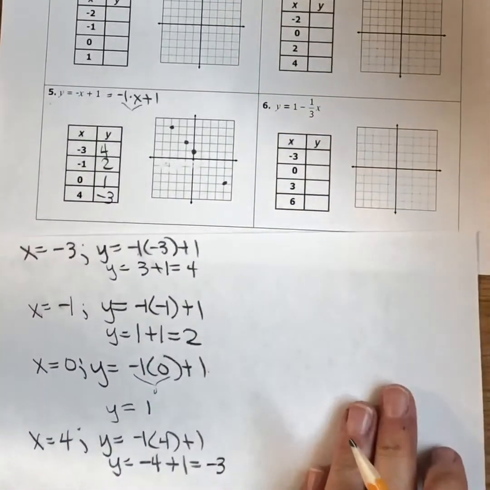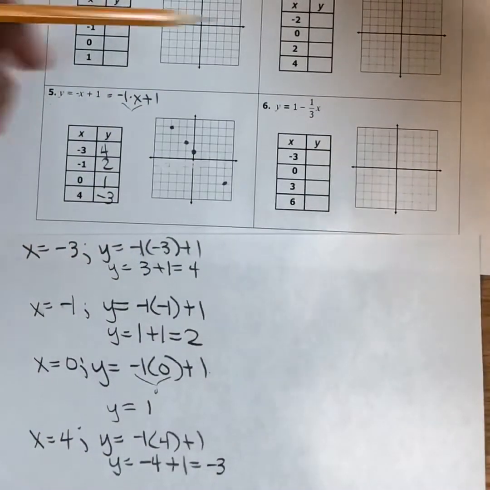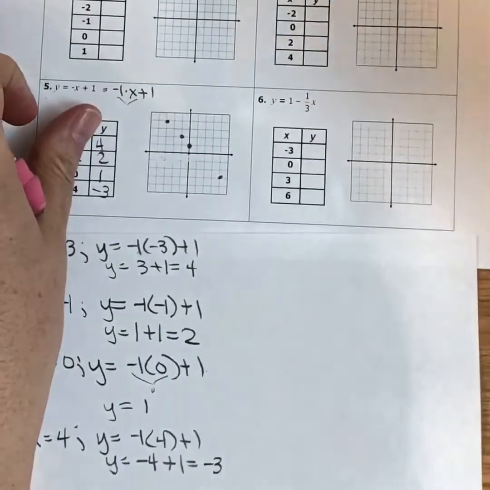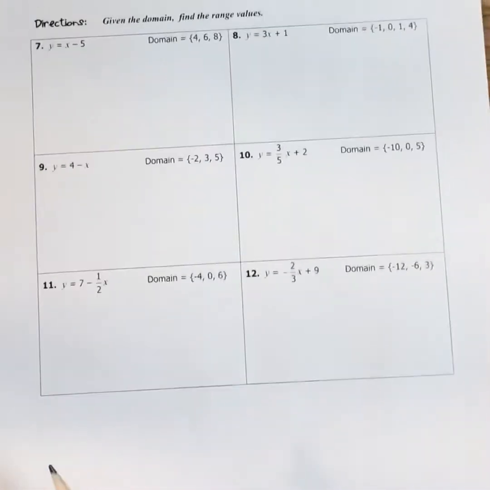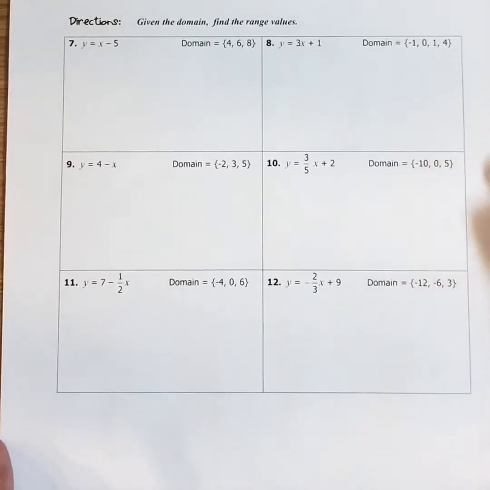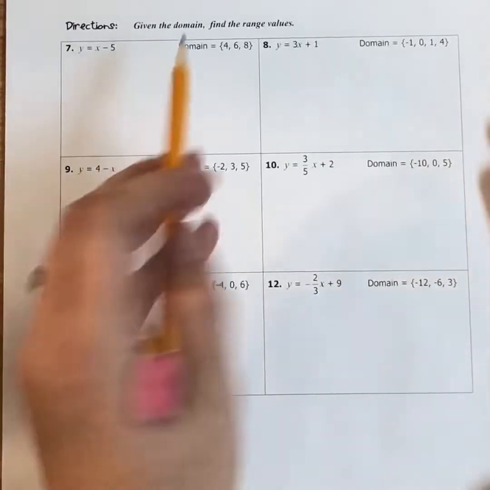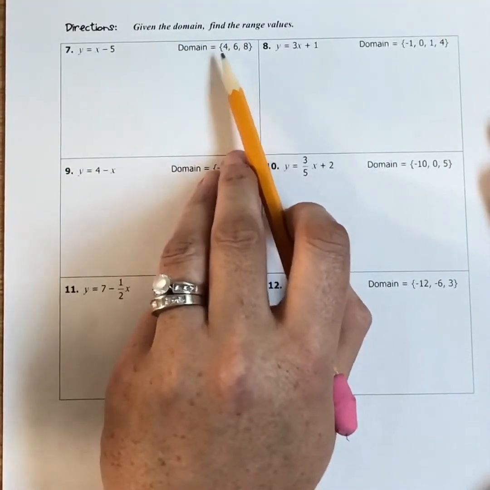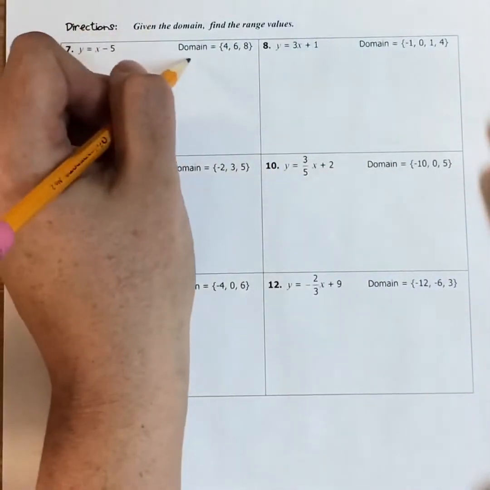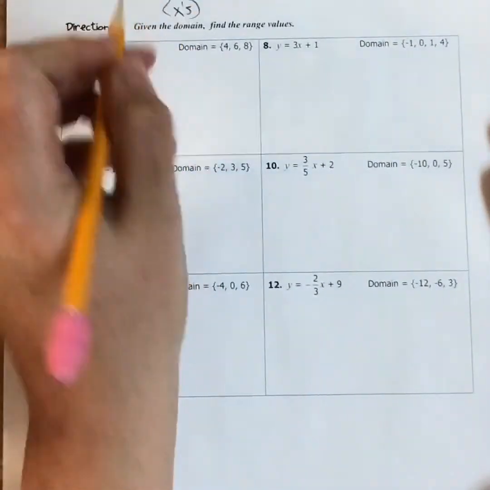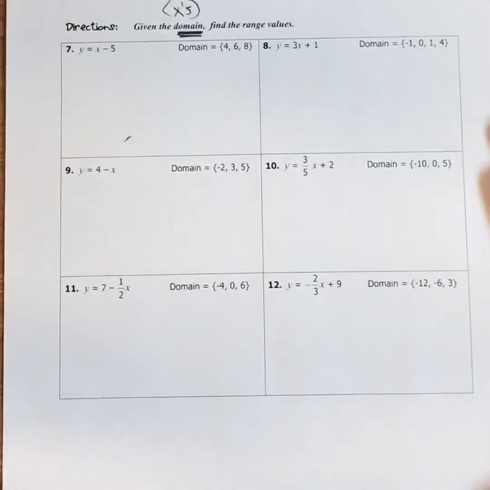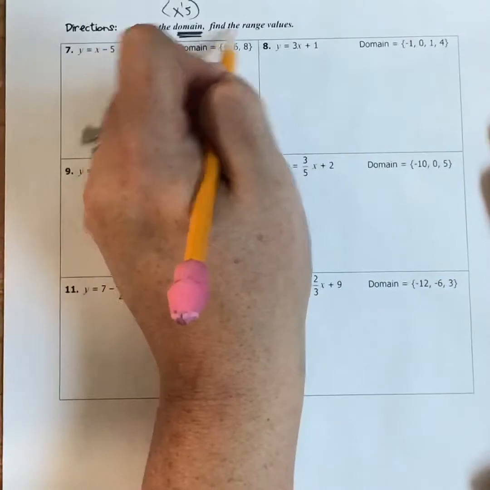Now, before I have you pause and do 1, 3, 4, and 6 on your own, I want you to look at the second page where this time, instead of a graph or a table, they're giving you the domain. In other words, remember domain are the x's. Okay, this is the new vocab. And then we need to find the range.